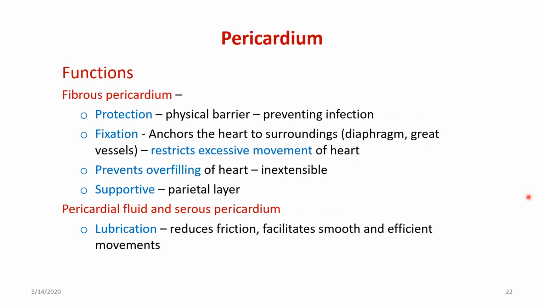What are the functions of pericardium? The fibrous pericardium is protective as it acts like a physical barrier. It prevents infection, and the fibrous pericardium is fixing the heart to the diaphragm and to the roots of the great vessels, thereby restricting the excessive movements of the heart.